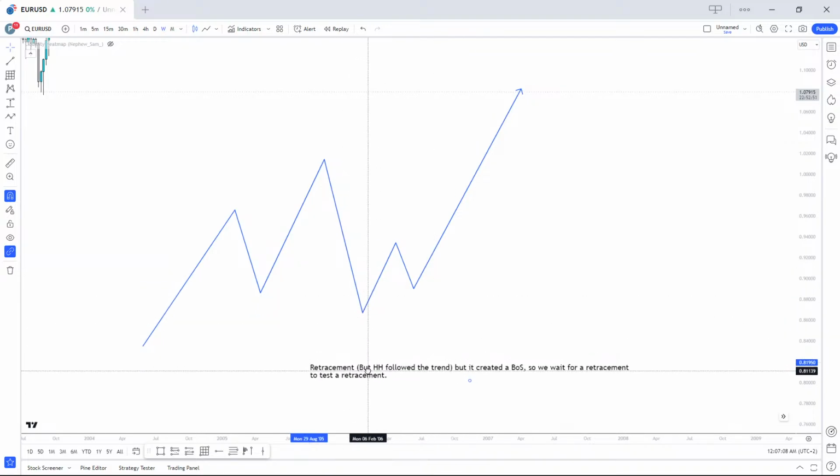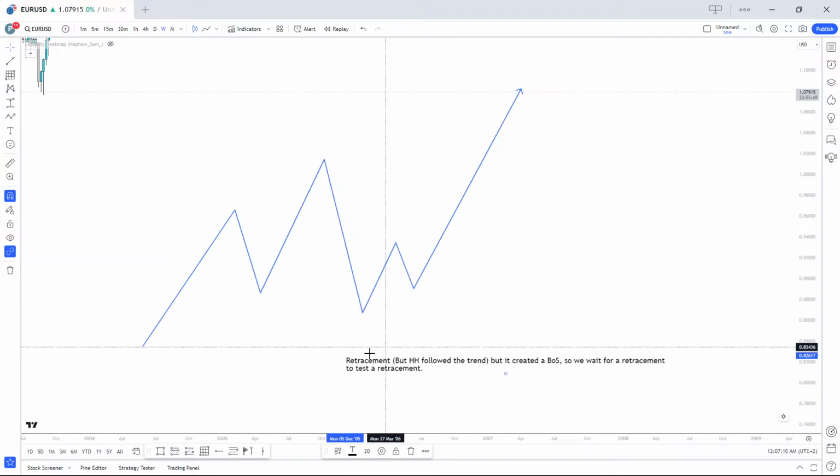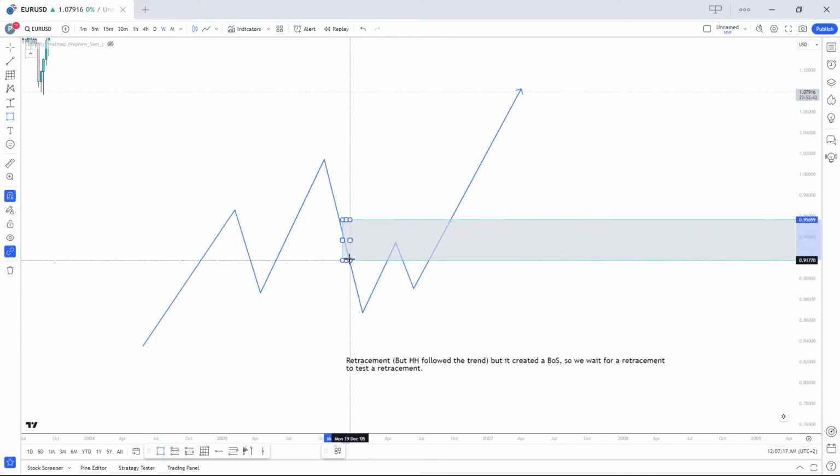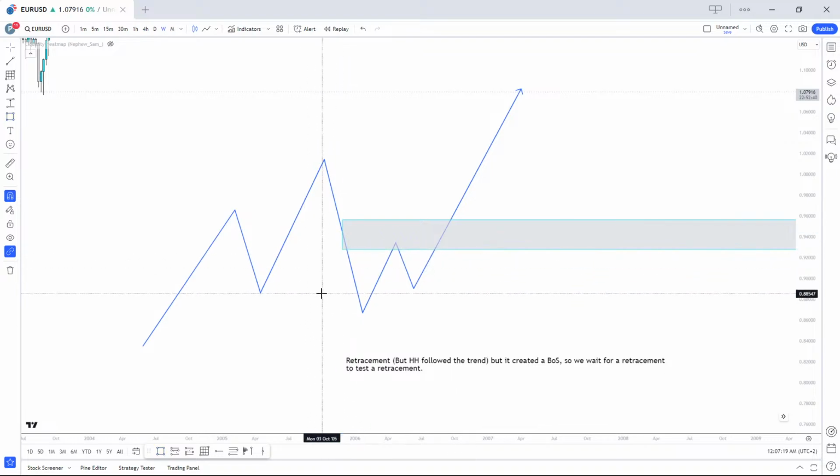Okay, so this is a retracement. What is the retracement? Right here. So yeah, there's a fair value gap right here. Again, this is the liquidity sweep. This is the breakout structure.